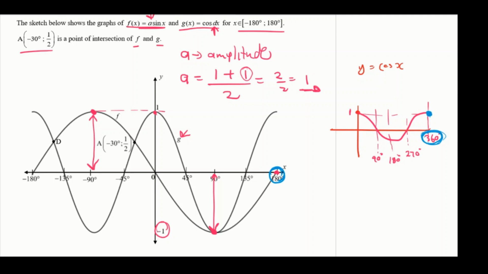For us to find d, we say d is related to the period of the graph. The normal period is 360, but because the current period is 180, we divided the normal period of 360 by 2 to get 180, which is the current period of this graph. Hence d would be equal to 2.